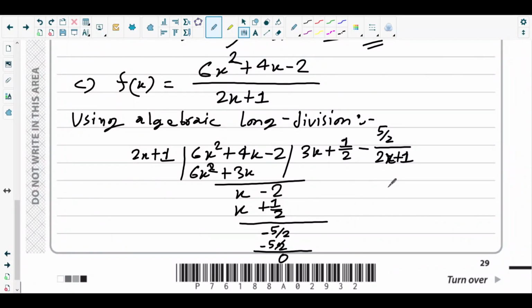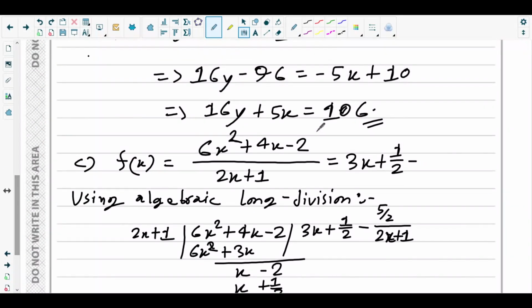We are done with the division. So f of x can be written as 3x plus half minus 5 over 2 over twice of x plus 1.